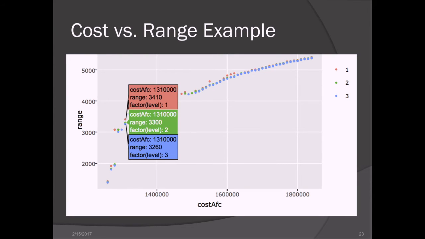But remember that we're not only considering 2 objectives, we're taking into consideration 5 different objectives. So there may be some reason why this level 1 point is not going to be a good design based on some of the other objectives. At that point, you may want to consider a level 2 or a level 3. And you can see here that you can get those levels at the same cost.